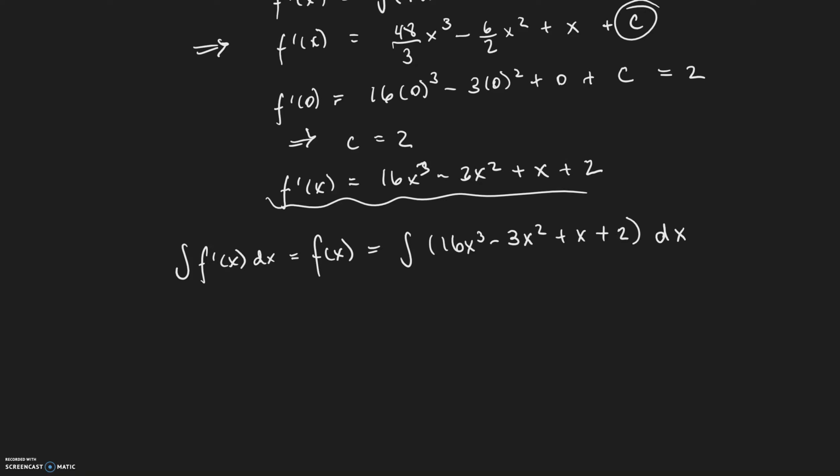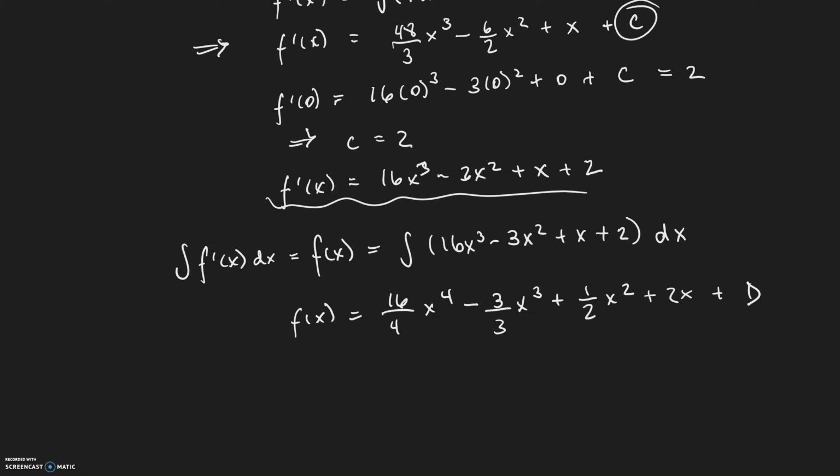So in this case, for the first term, 16x cubed, n is equal to 16, and m is 3, so that means that f of x is going to be 16 over 3 plus 1, which is 4, x to the 4th, minus 3 over 3, x cubed, plus 1/2 x squared plus 2x, and then of course this is going to generate a new constant. We'll just call it d.